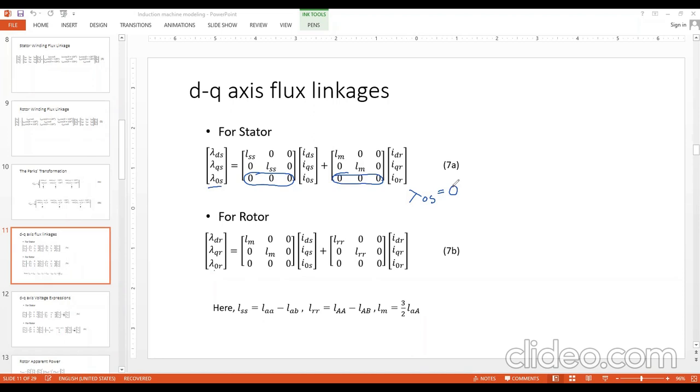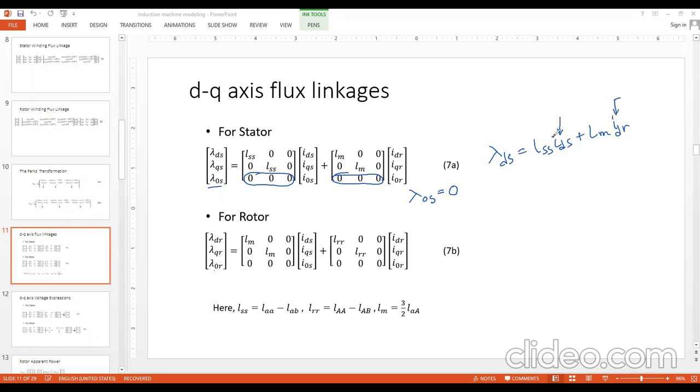That is quite natural. Lambda ds is LSS IDS plus LM IDR. The first part is for the stator d-axis current, and the second part is for the rotor d-axis current.